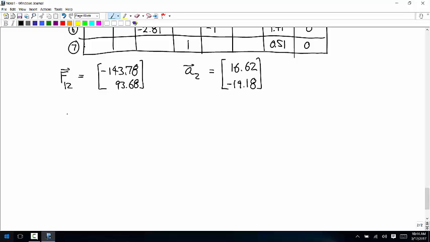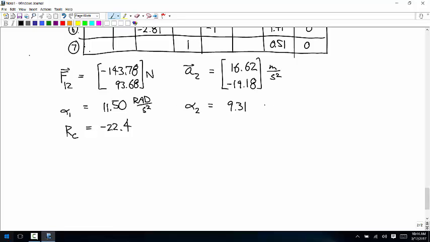Alpha 1, you get 11.50. Alpha 2, you get positive 9.31. And RC, you get negative 22.4. So these are newtons, meters per second squared, radians per second squared, radians per second squared, and RC is newtons.